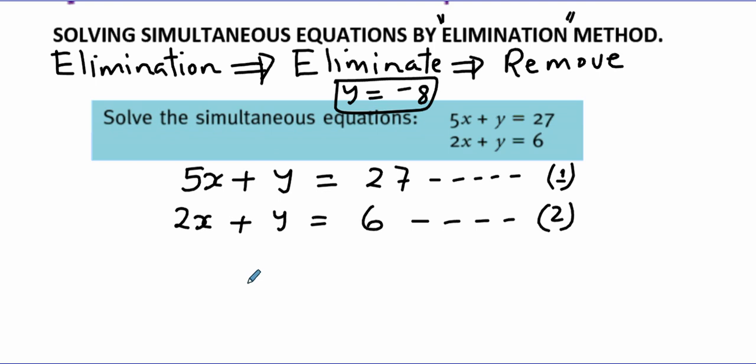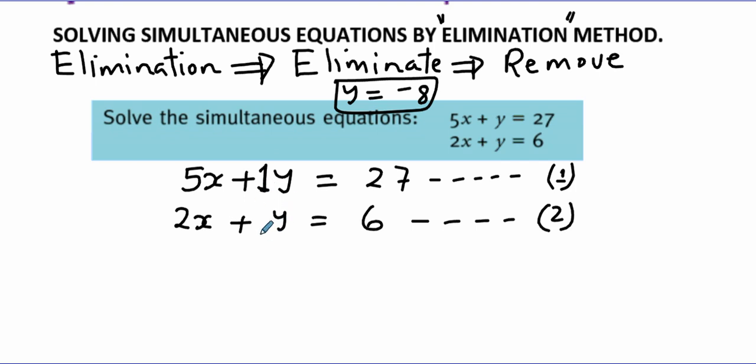Okay, remember what I said? Before you think of removing a letter, you have to ensure that the numbers on that letter you want to remove should be the same. But now, surprisingly, I don't have any number on the letter y. If there is no number on a letter, we simply keep 1.